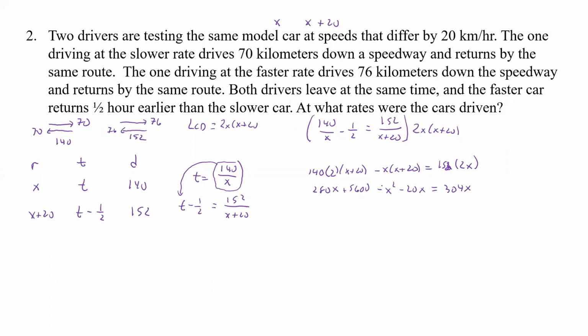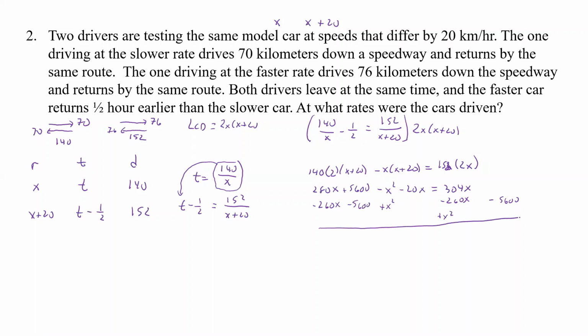So now I've got a negative x squared here, so I'm going to take everything to the right. If I think about that, I have 280 minus 20, so I'm going to subtract 260x here, so I'll subtract 260x here. I'm going to subtract 5,600 here, so I'll subtract 5,600 here. And here I'm going to add x squared, so I'll add an x squared.